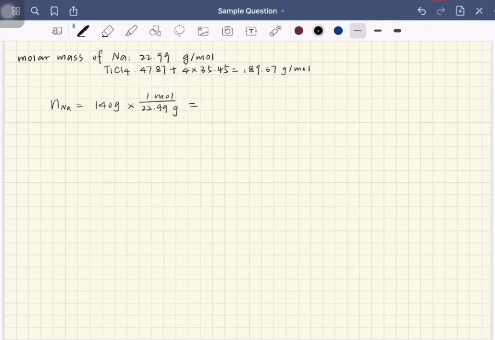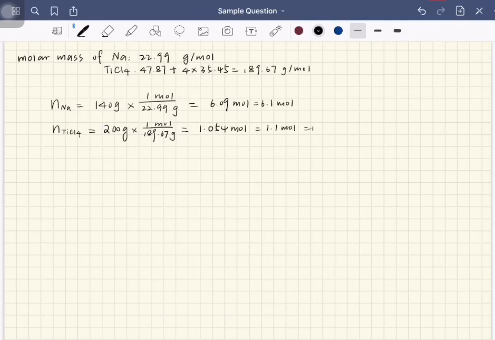So, there is 6.09 moles of sodium. And for titanium tetrachloride, we will do the same by multiplying 200 grams with 1 mole over 189.67 grams. And we will get 1.054 moles of titanium tetrachloride.